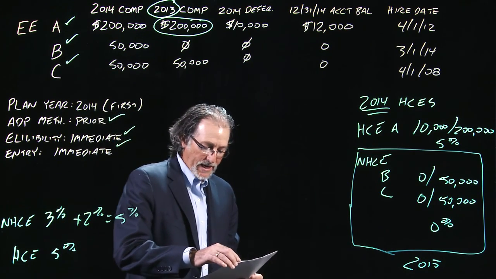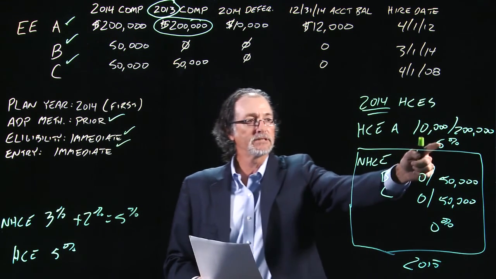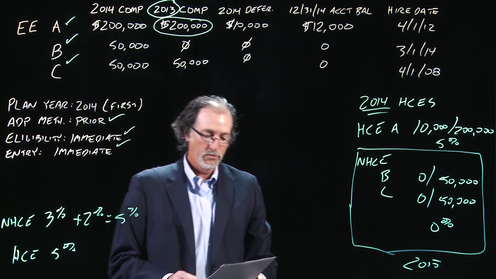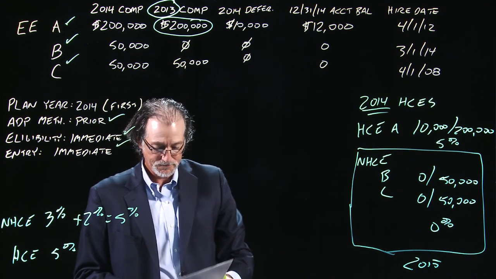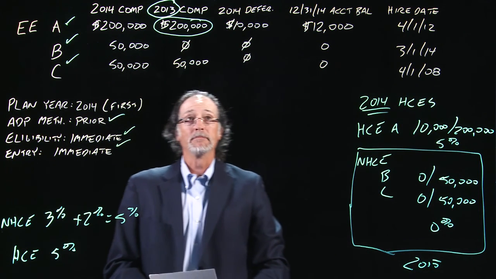So pretty simple in this case. Since we're using the prior year analysis, HCEs are 5%, the maximum that they can contribute is 5%, we have a passing test. So let's move on to the top heavy.